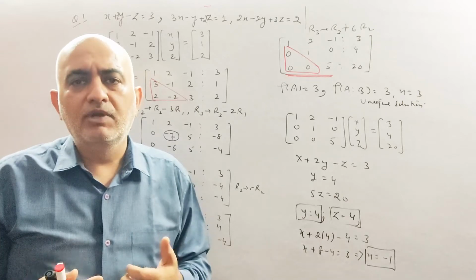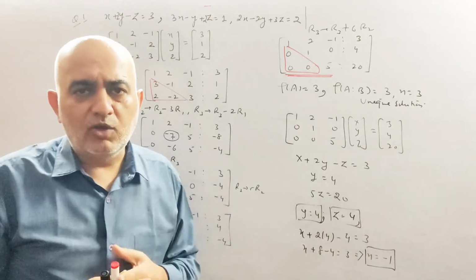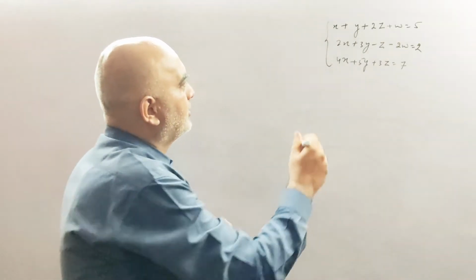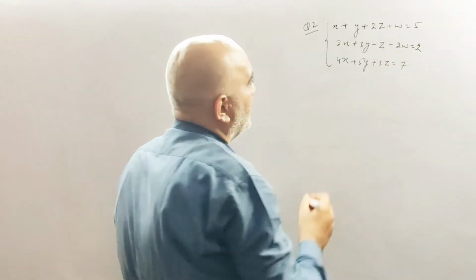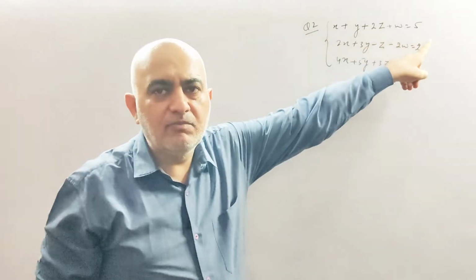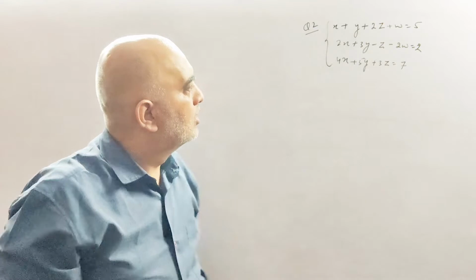So how can we solve that system with the help of the rank of the matrix? We just have to see this, our second example. In this question, we have 3 equations with 4 variables x, y, z, w.